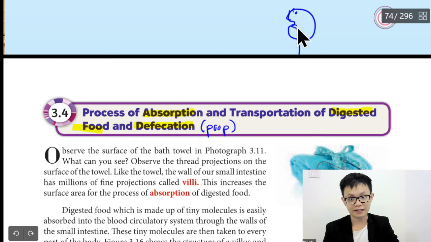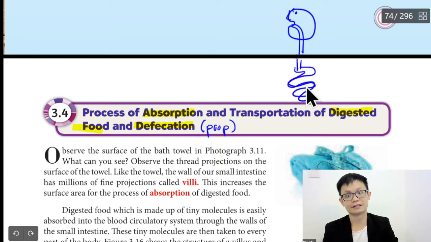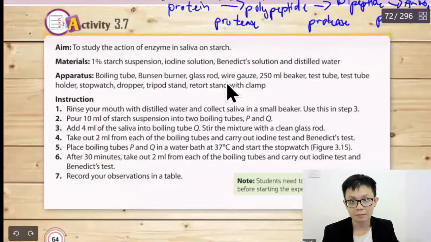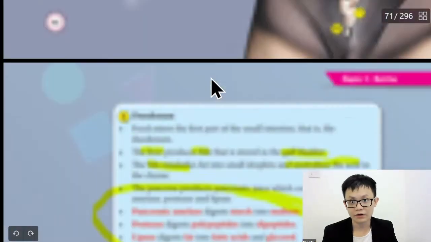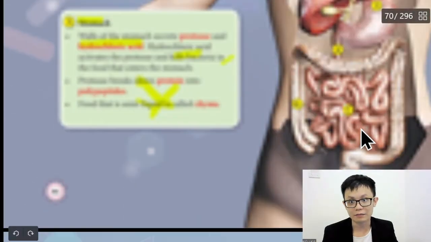After you eat, the food will go to the intestine, correct or not? So this is the intestine. You already learned this. Now this one is called the intestine.